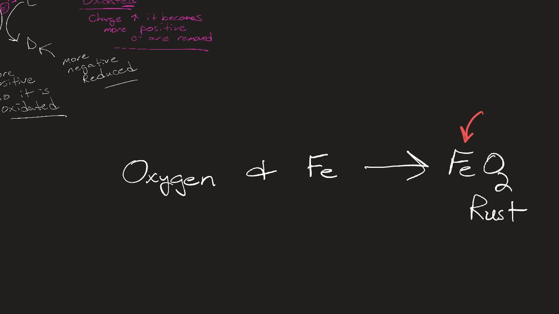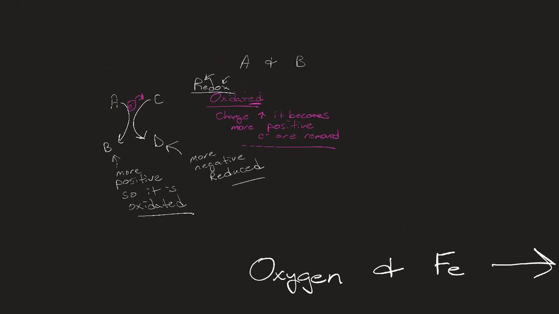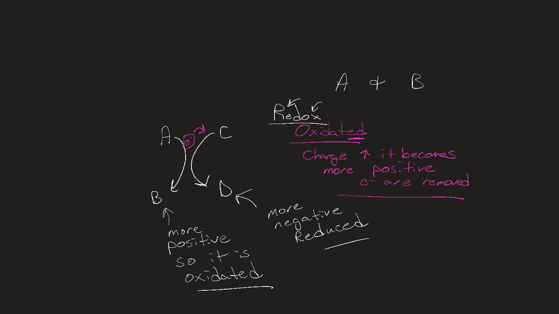And then you added oxygen to it. The bottom line is, guys, when we're talking about this, think of them as electrons. If they're gaining an electron, the charge is coming down, so it is being reduced, and the thing that gave it the electron is being oxidized.